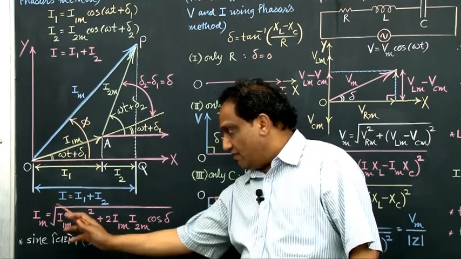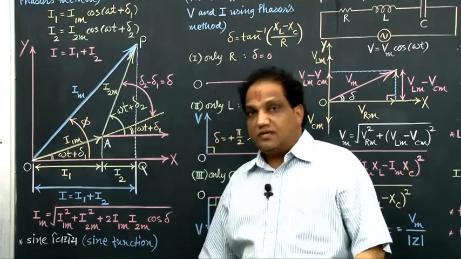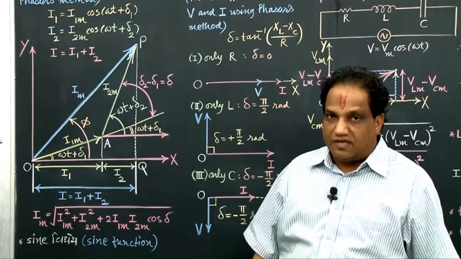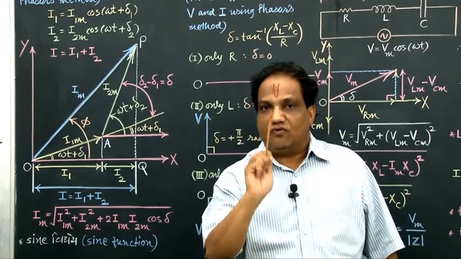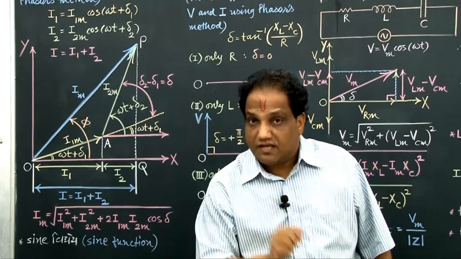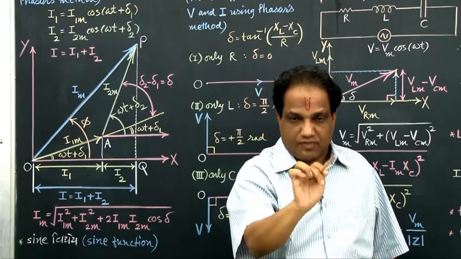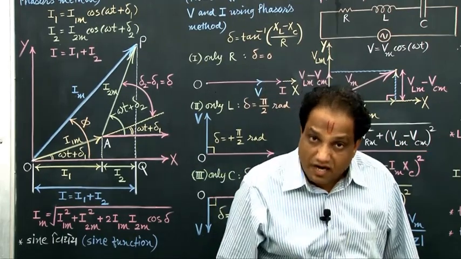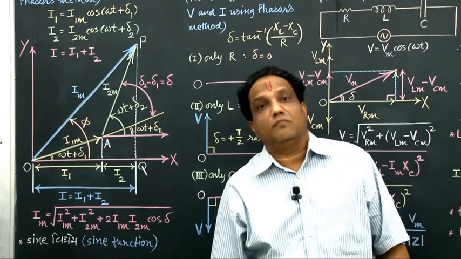Do you find this formula similar to some other formula you had studied in 11th standard? Vector A plus vector B equals vector R, then what was the magnitude of the resultant vector R? It was R equals under root of A square plus B square plus 2AB cos theta. What was theta? It was the angle between vector A and vector B.